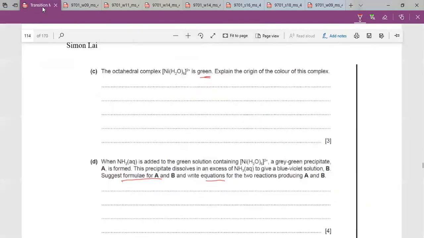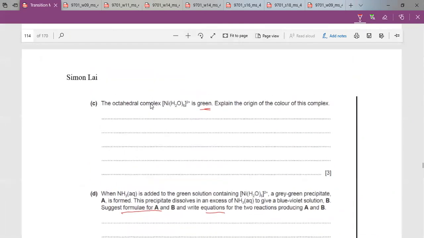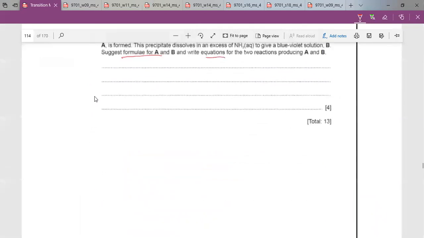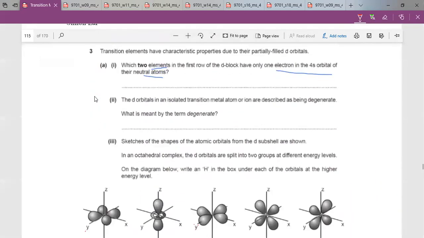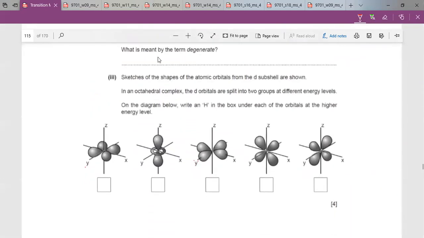All right, next one. Page 114. Okay, here we are. This is quite simple. What do I mean by degenerate?